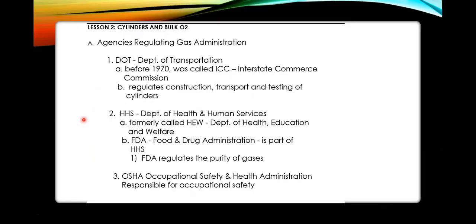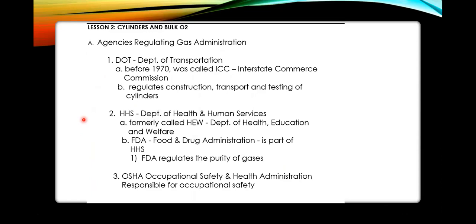All right, now, here goes the red tape. The bureaucracy when it comes to cylinders. Everybody has their hand in cylinders, either production, transportation, storage, purity, testing, right? Everybody's got something to do with it. And so the agencies that regulate the gas administration, the DOT is one of them, the Department of Transportation.